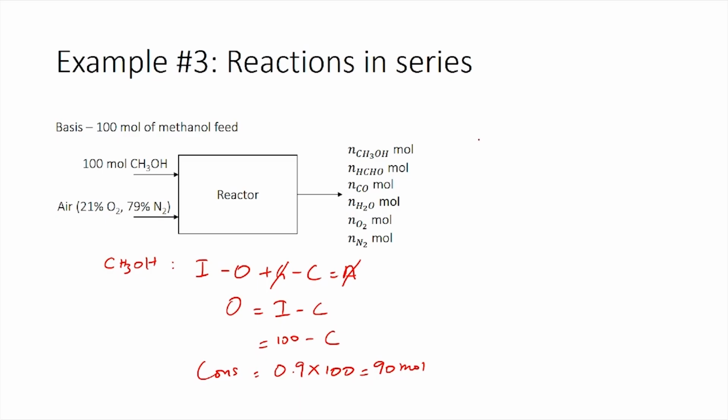Therefore the methanol which is leaving the system, the output N_CH3OH, equals 100 minus 90, giving you 10 moles. So 10 moles of methanol is leaving the system.